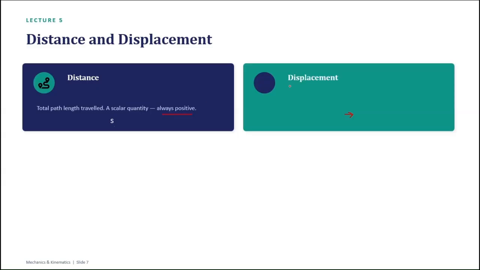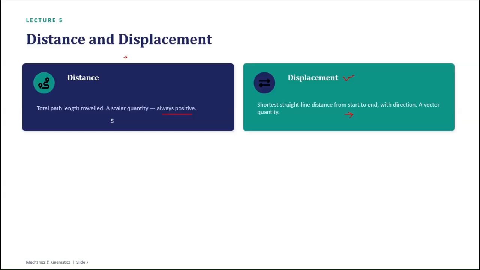Now displacement. So what is displacement? Displacement is the shortest straight line distance from start to end with a direction. So from this we can say that displacement will be the shortest distance in a straight line from point A to point B. Alright, so this is the basic difference.